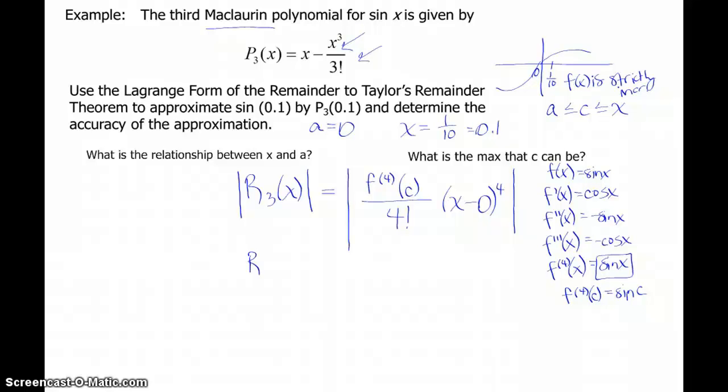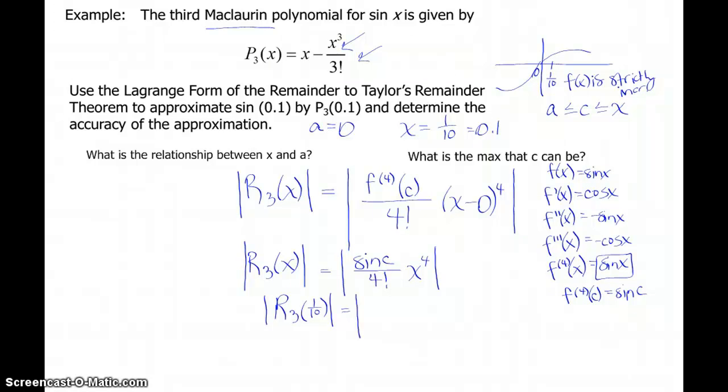So we'll go back and we'll say R sub 3 of x is the sine of c over 4 factorial times x to the 4th. And what we have here, and I'll write it as 1/10, is the sine of c over 4 factorial times 1/10 to the 4th. And I'll go ahead and show you why I change it to a fraction.